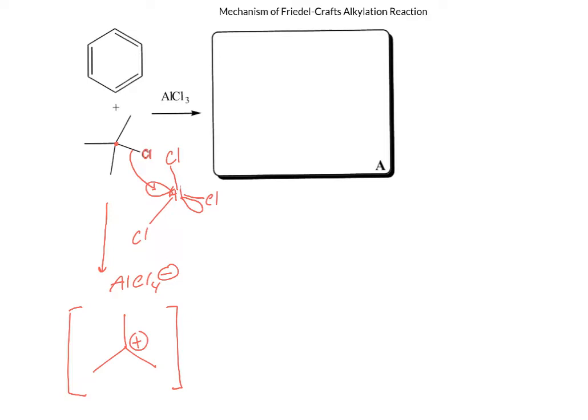Therefore, we had successfully lowered the activation energy for the first step of the reaction. So now let's go ahead and show how one of the double bonds from benzene ring attacks the carbocation, which results in formation of the so-called valent intermediate.